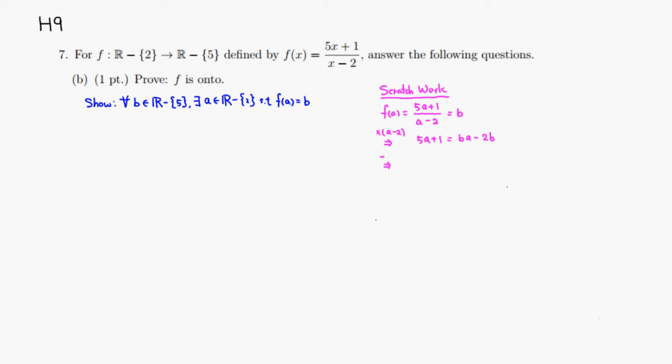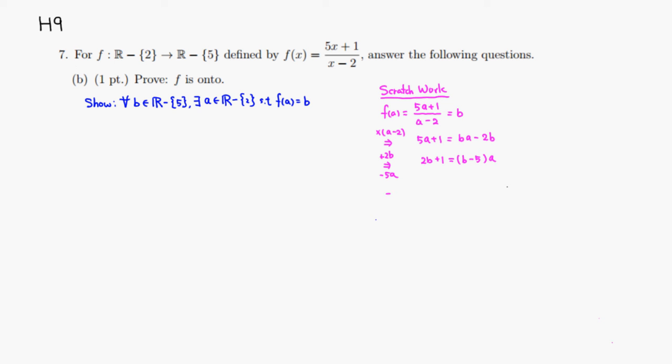So I'm going to add 2b to both sides and also subtract the 5a. So you have 2b plus 1 is equal to, 5a is gone and 2b is gone, and you have ba minus 5a, which I'm going to write as b minus 5 times a.